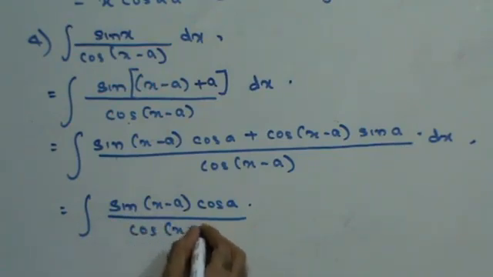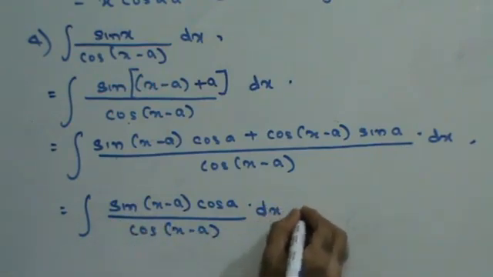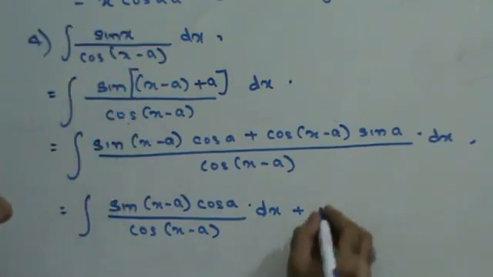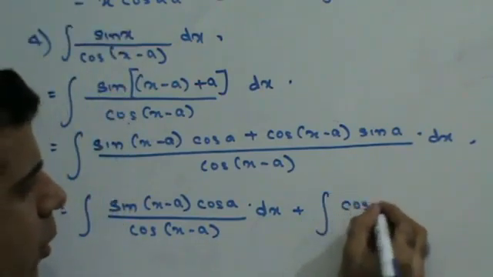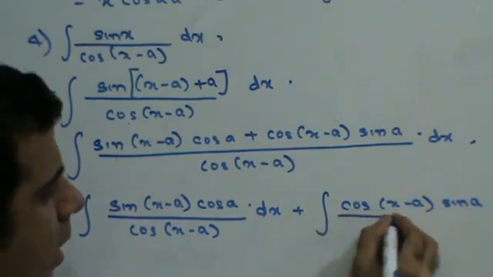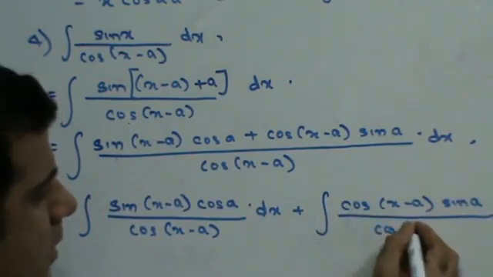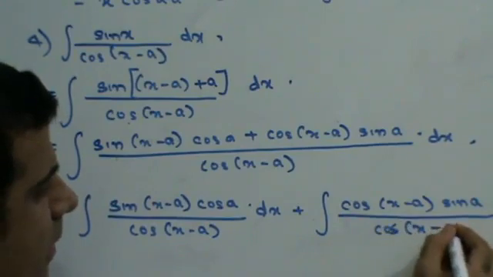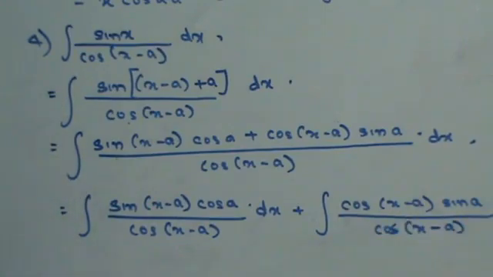upon cos(x minus a) dx plus integral of cos(x minus a) sin a upon cos(x minus a) dx.